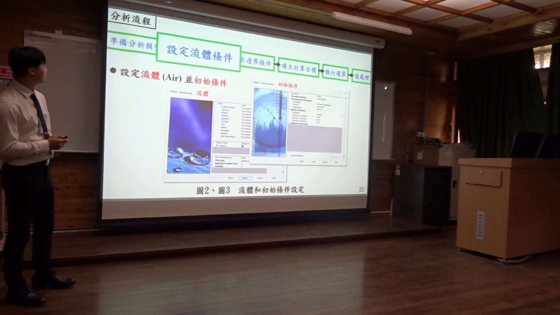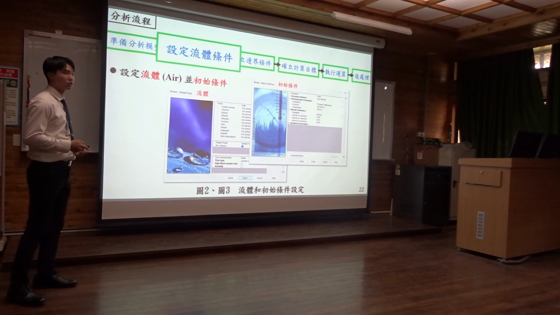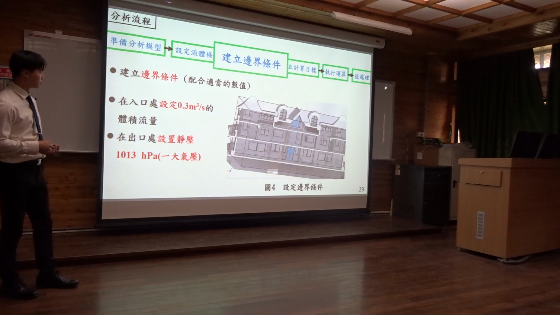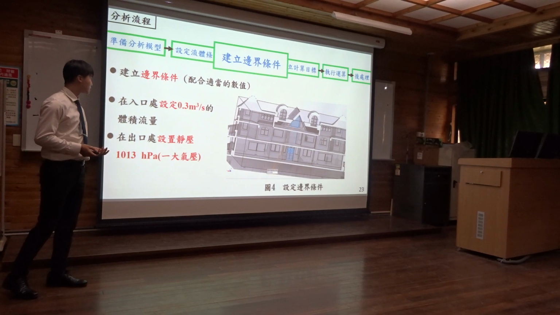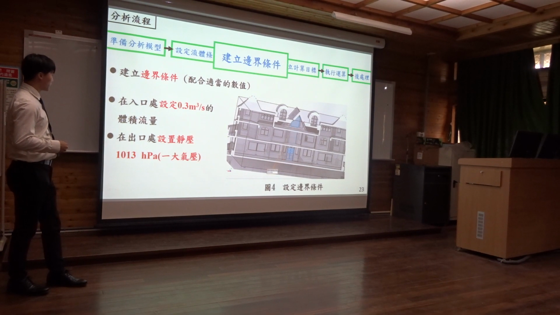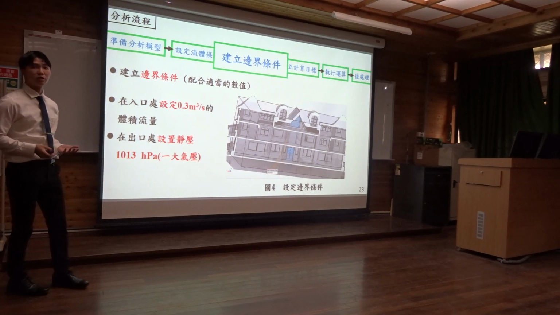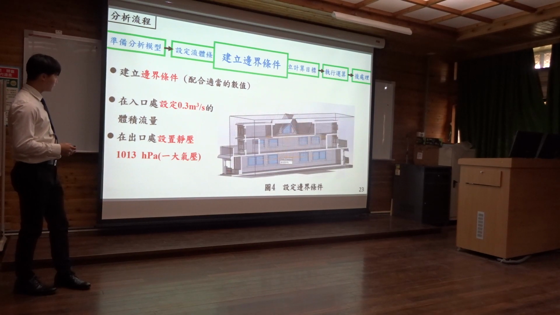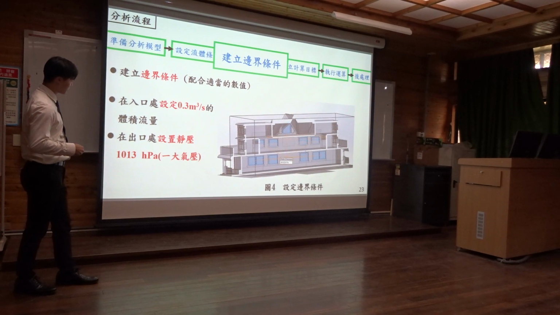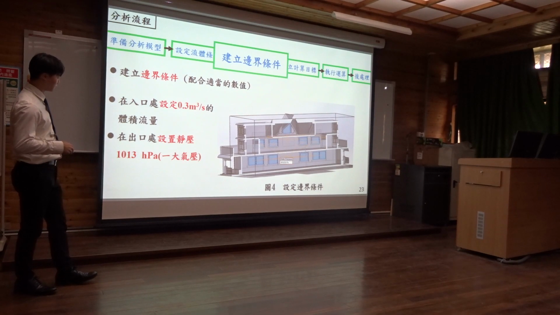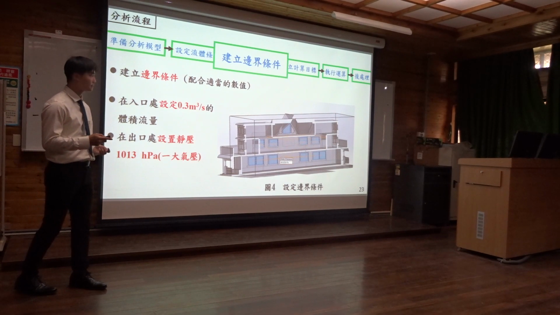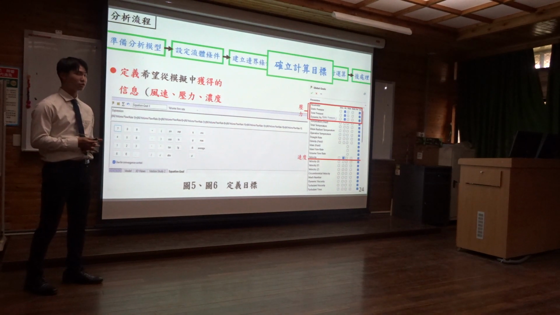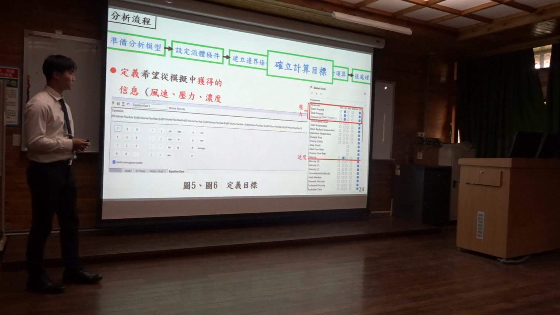Then we set the fluid and initial condition, and build the boundary condition with appropriate volume. We set a volume flow rate of 0.3 cubic meters per second at the entrance, and then a static pressure of 1 atmosphere at the outlet, and define the velocity, pressure, and concentration from the simulation.